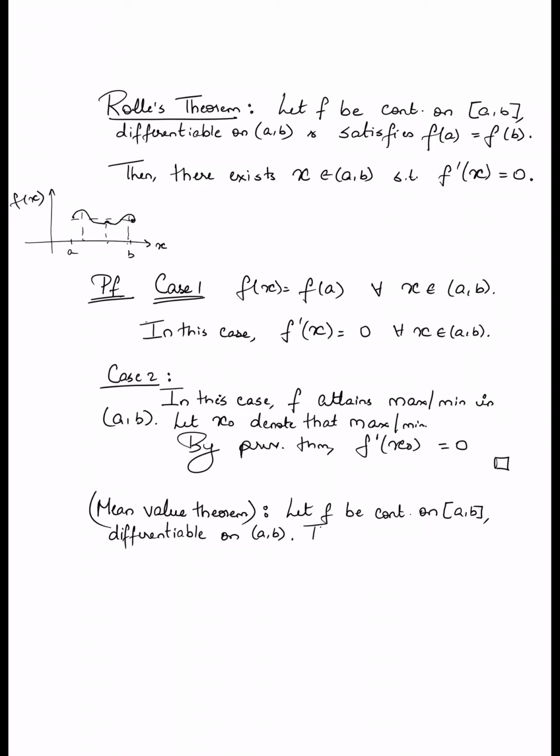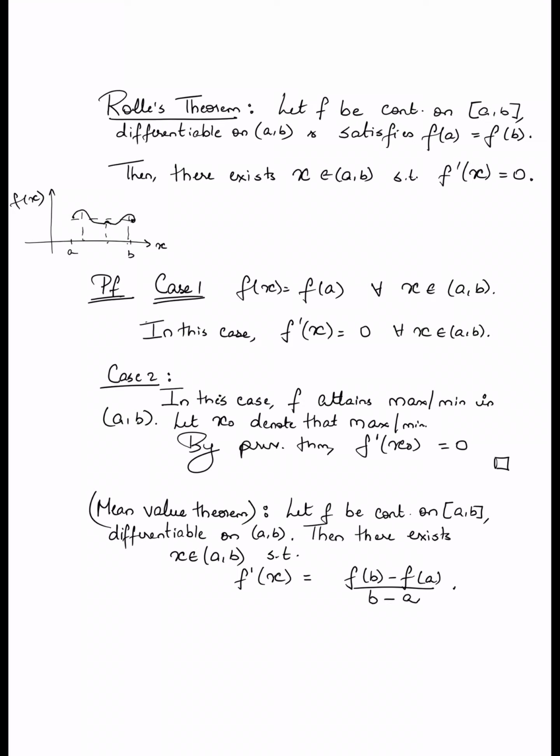Then there exists, and when I say there exists, it's implicit that there exists at least one, right? x in (a, b) such that the following condition is true: the derivative at x is equal to (f(b) minus f(a)) upon (b minus a).